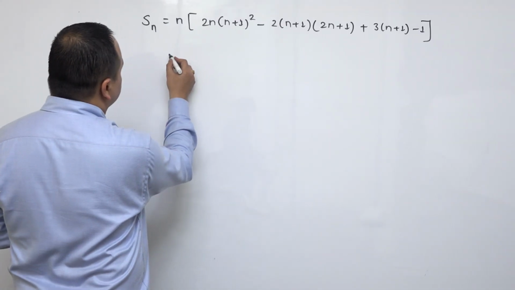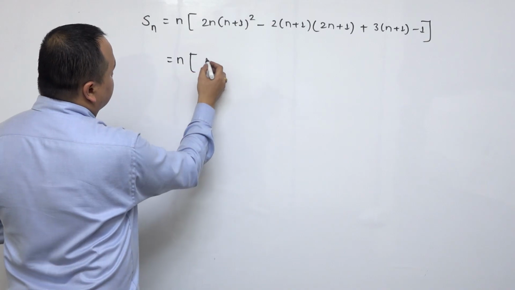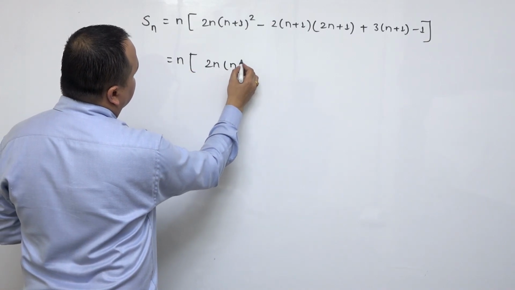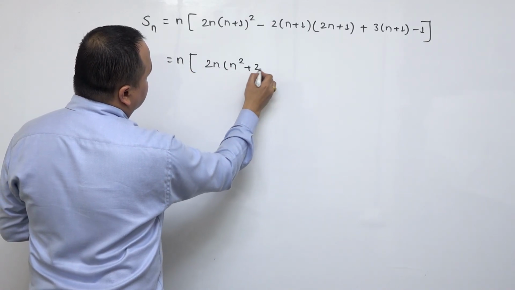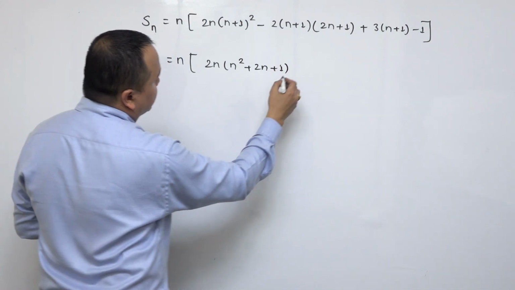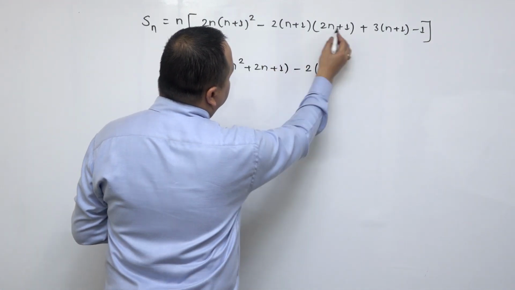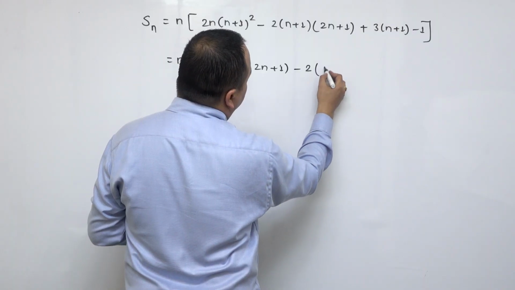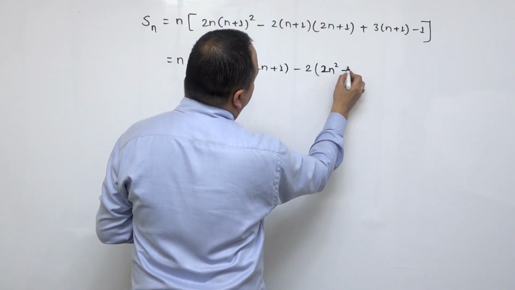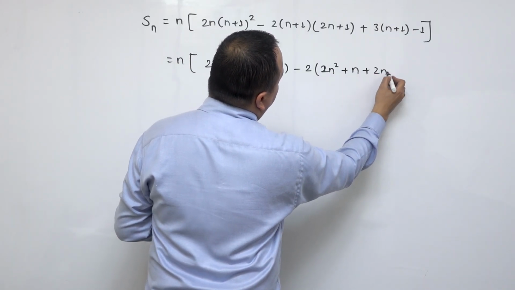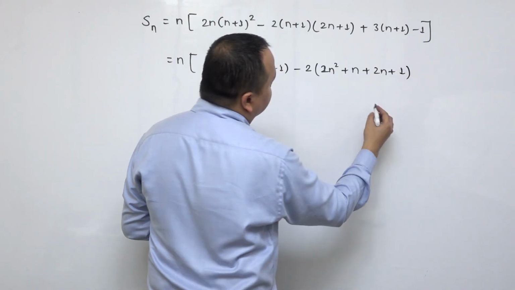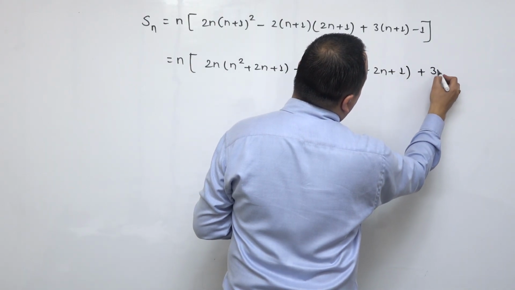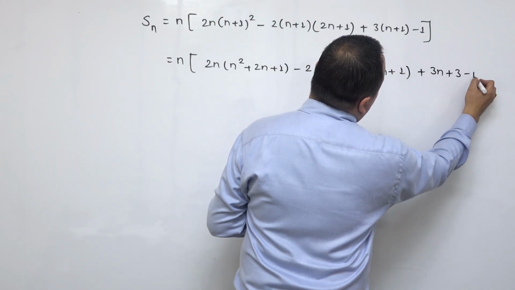Continue. This is n times 2n times n square plus 2n plus 1, minus 2 by multiplying n plus 1 into 2n plus 1, 2n square plus n plus 2n plus 1, plus 3n plus 3 minus 1.